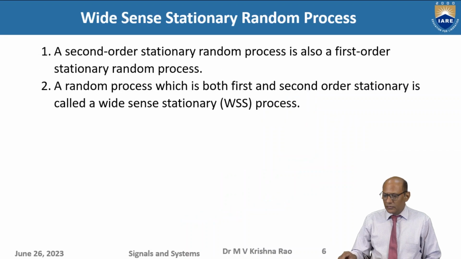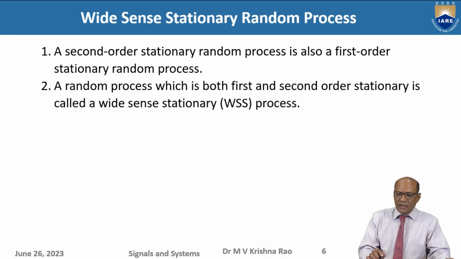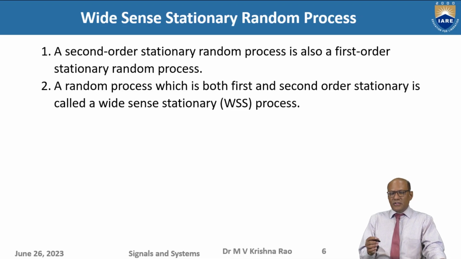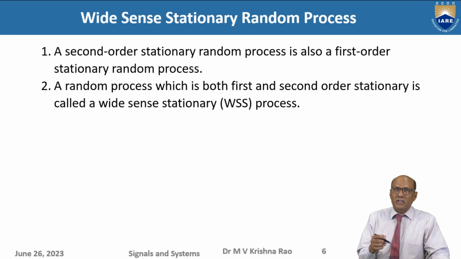So a second order stationary process is also a first order stationary process. That means if the autocorrelation function does not change with time shift, the mean value also won't shift. So if the process is second order stationary, it is also first order stationary.